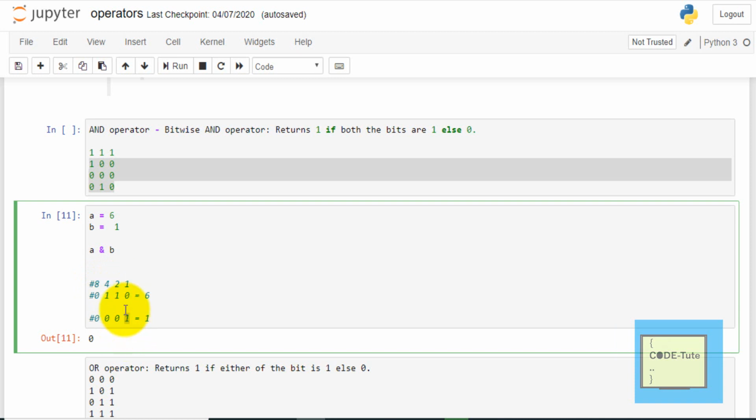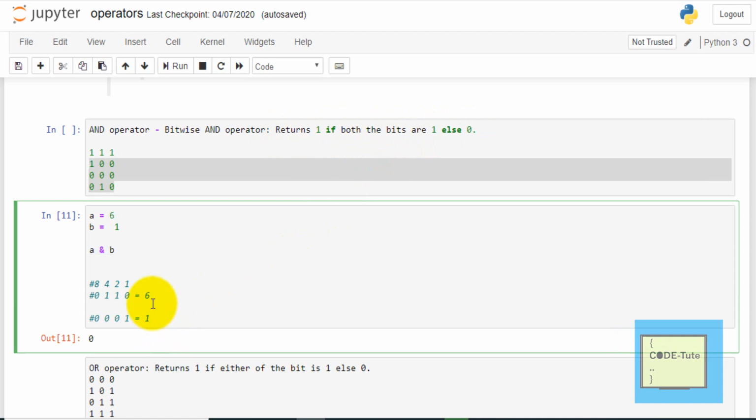So A and B means here the bitwise AND operation is performed. Now what is the rule here? The rule is bitwise AND operator returns 1 if both the bits are 1, else 0.